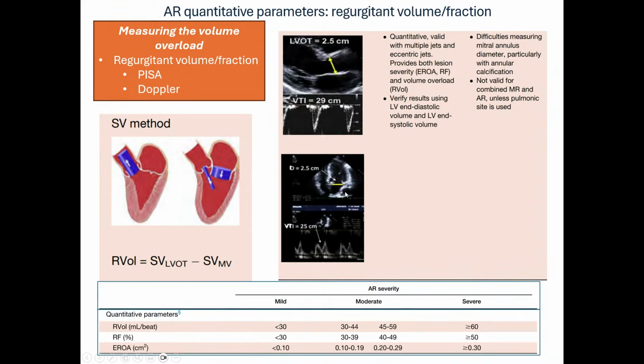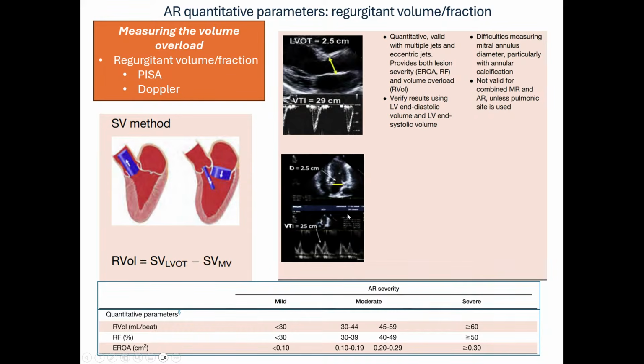The error is squared, and this actually works, it's just at a higher variability. And then 60 mLs or greater is considered severe. You divide the 60 mLs by the aortic forward flow to get the regurgitant fraction, and currently 50% is considered severe. What if you have concomitant MR, or if you have a concomitant shunt?